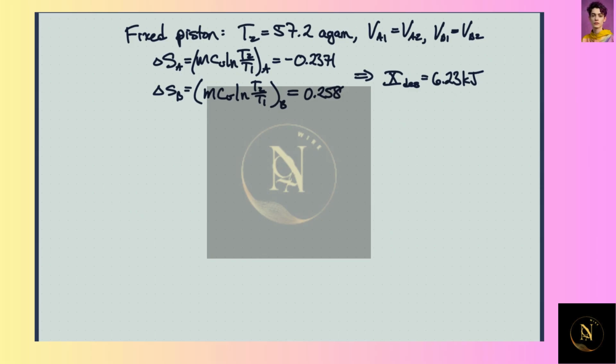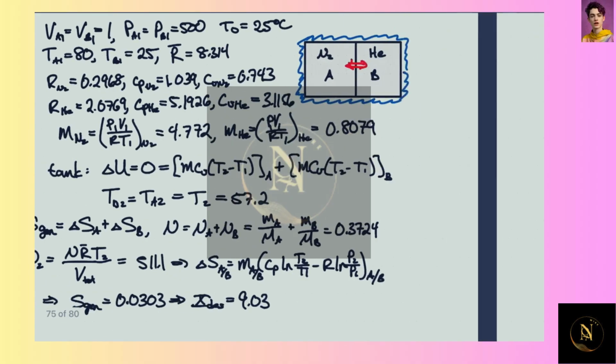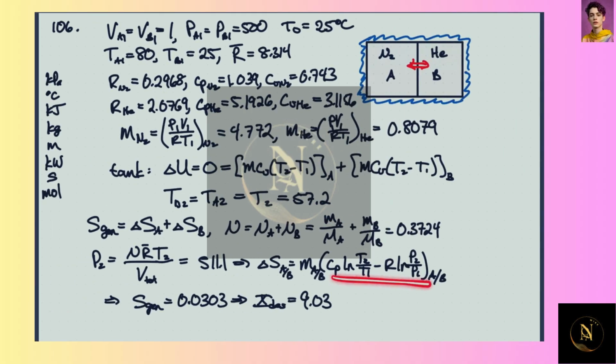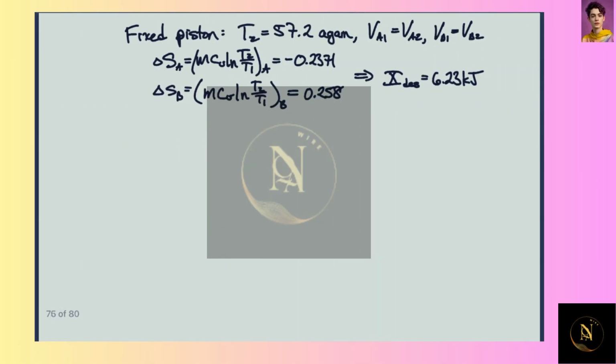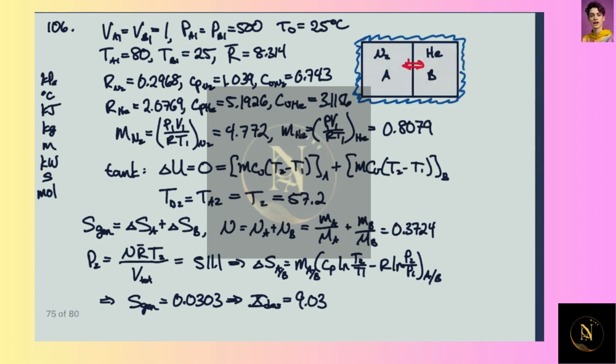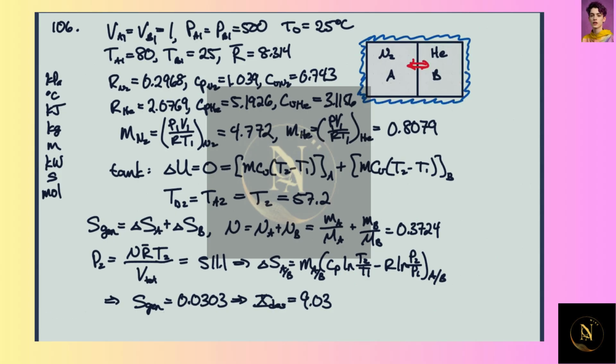So that means that the change in entropy that we calculated over here from this equation for both sides, now because the volume doesn't change, I guess I should leave it in that form for that part of the problem.